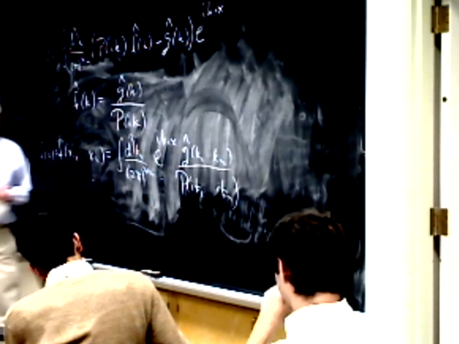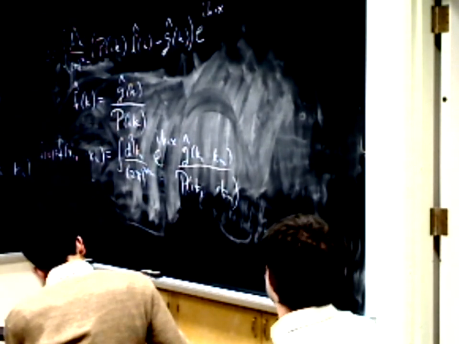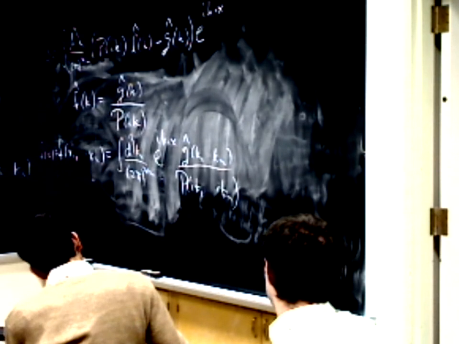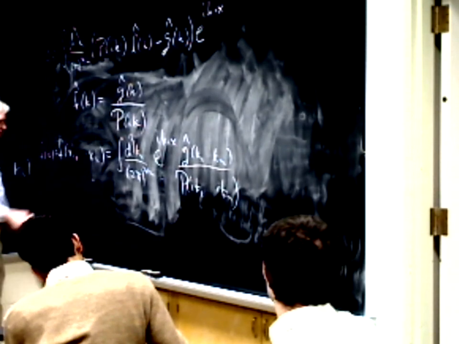Okay? All right, so that's a solution of an arbitrary differential equation with constant coefficients in n variables. So that's the power of the Fourier transform. With the integrals going from minus to plus infinity.